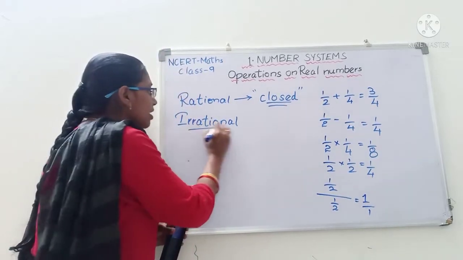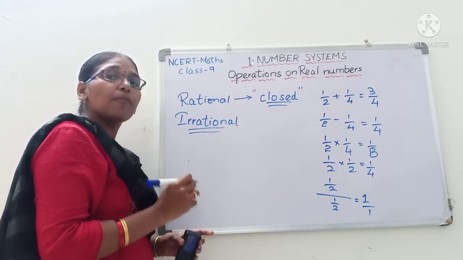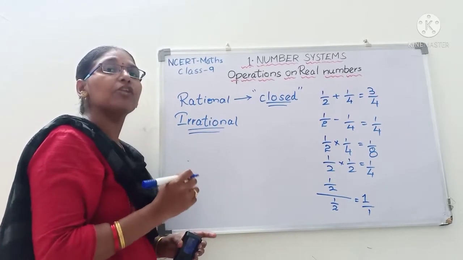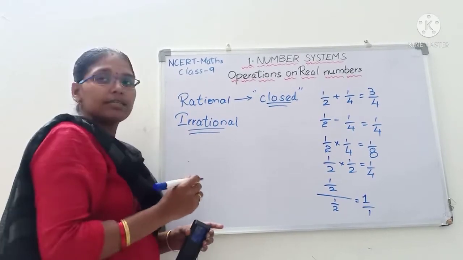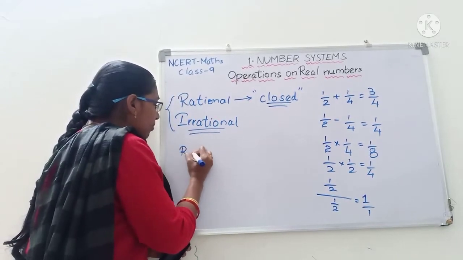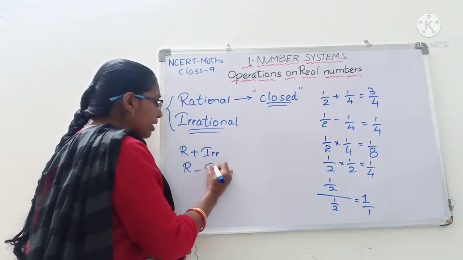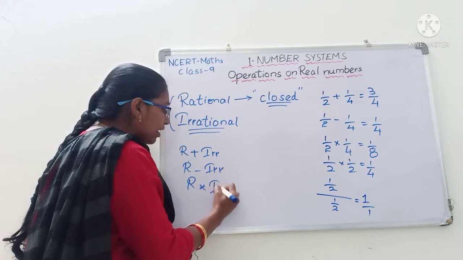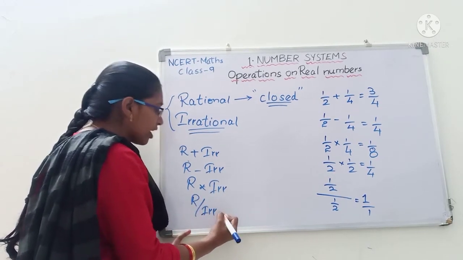Now, let's see how irrational numbers behave. What will happen when you multiply a rational number and an irrational number? What will happen when you add rational and irrational numbers? Let us check what will happen when a rational number and an irrational number are added, subtracted, multiplied or divided.